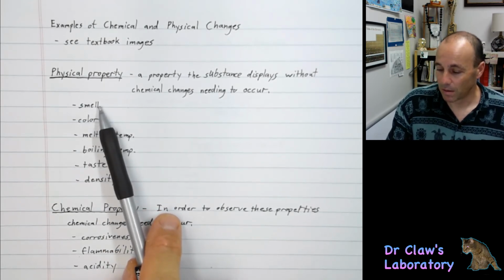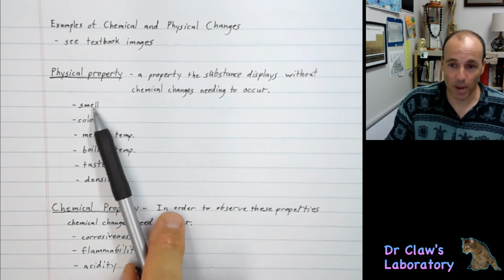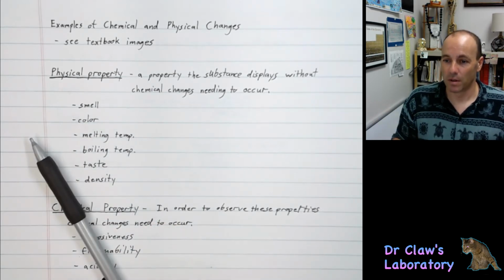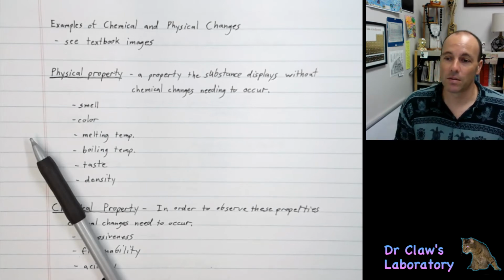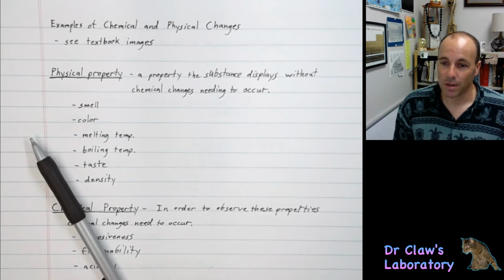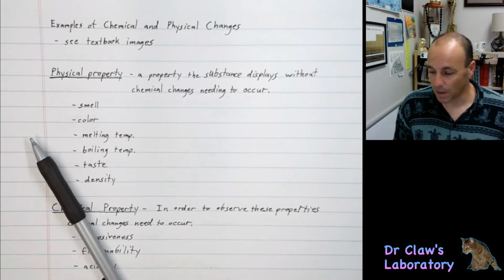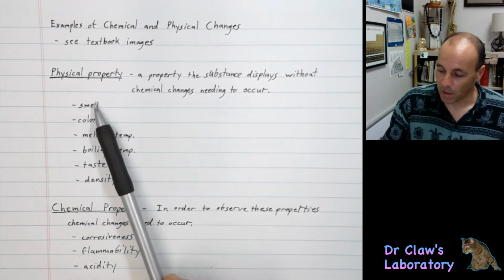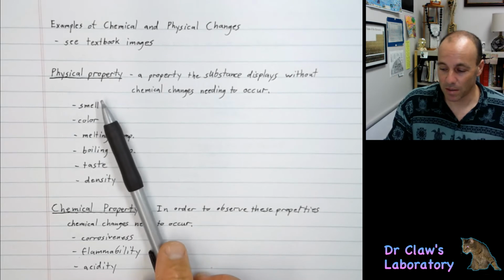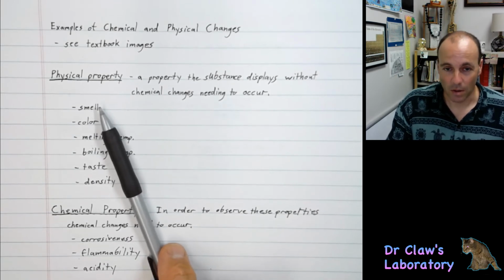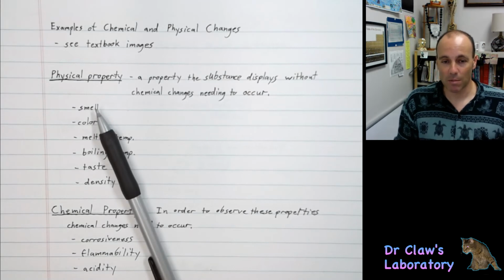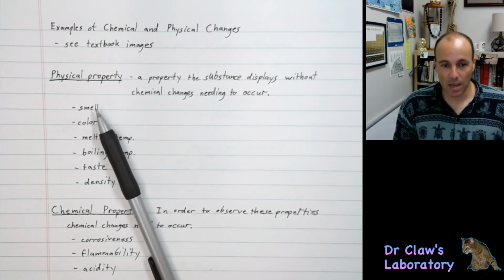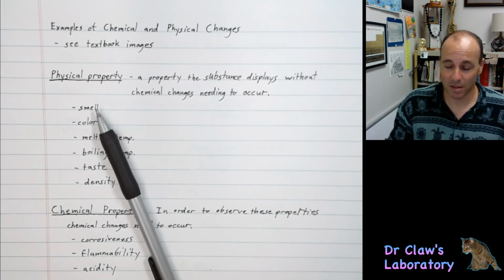Propane gas has a certain odor, and it doesn't have to do any chemistry to exhibit that odor. Another one is ammonia, which has an awful odor, and it displays that awful odor without having to do any chemistry. Ammonia will stay ammonia, and it always smells.